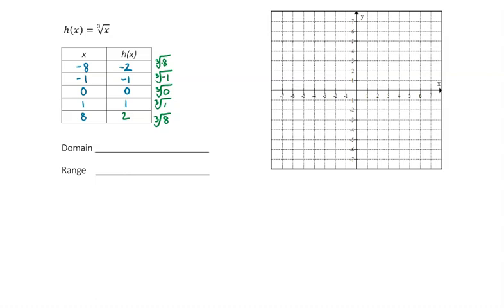All right, so if we go ahead and graph all of these, it's going to be -8, -2. It's right here on the edge. -1, -1, 0, 0, 1, 1, 8, 2. Again, this one's going to curve very similarly to the cubic function, just this one's going to be on its side.